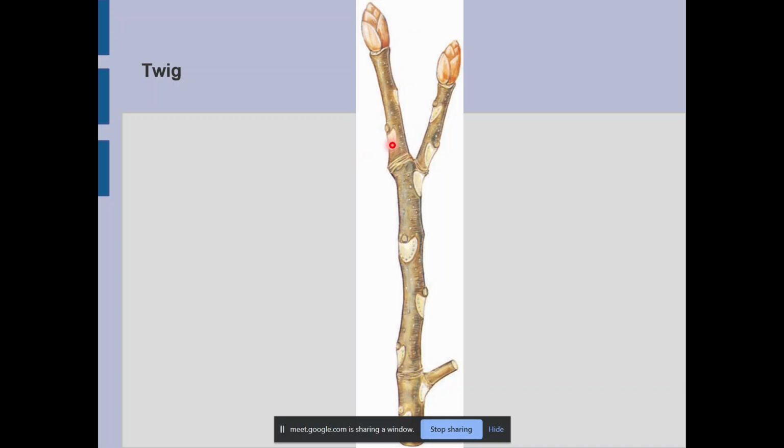Like here we can see that this is the last year, so we can start from the bottom. So this is the first year growth, so this is the bud scale scar. Then this is the second year growth, and this is the third year growth. So that is why this twig is 3 years old.